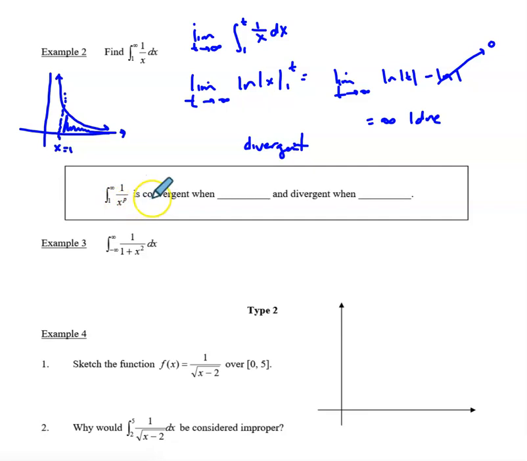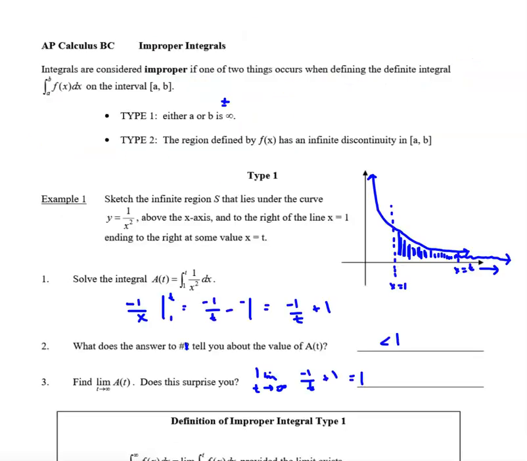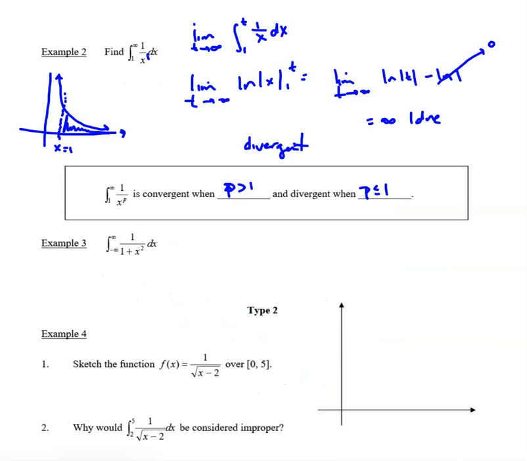These improper integrals will converge when p, the exponent, is greater than 1, and they will diverge when p is less than or equal to 1. So we showed an example here where p equals 1, and we got a divergent improper integral. On the prior page, we showed an example where p was 2, so greater than 1, and we showed that the improper integral converged.